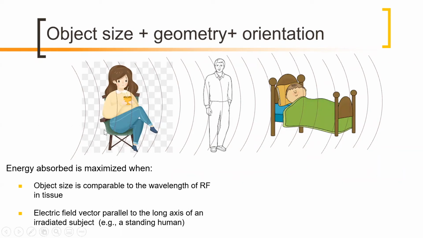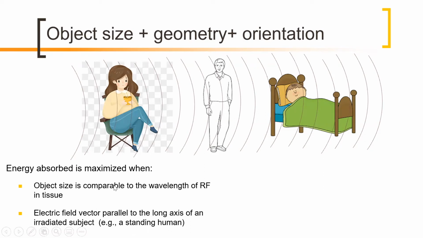Now, I showed the wavelength earlier when we started, but that wavelength is the wavelength in free space. By the time you're propagating in the tissue, that wavelength drops, and it drops as the inverse of the square root of the relative dielectric constant. In that sense, the wavelength of the RF wave in a test subject is less than that of free space.